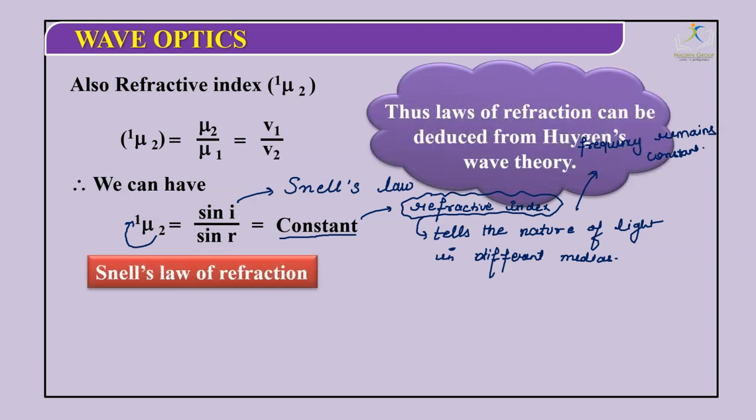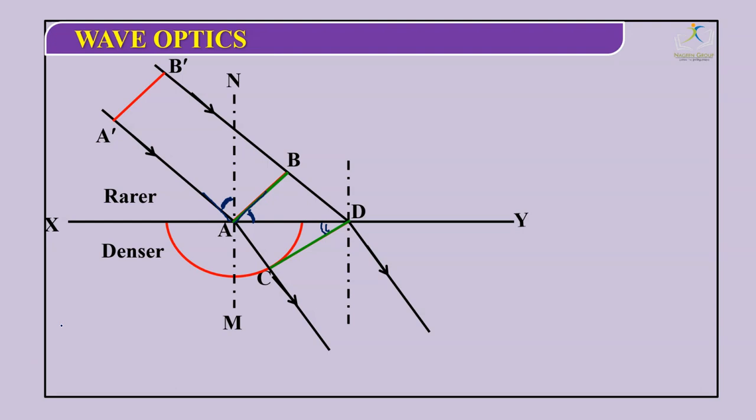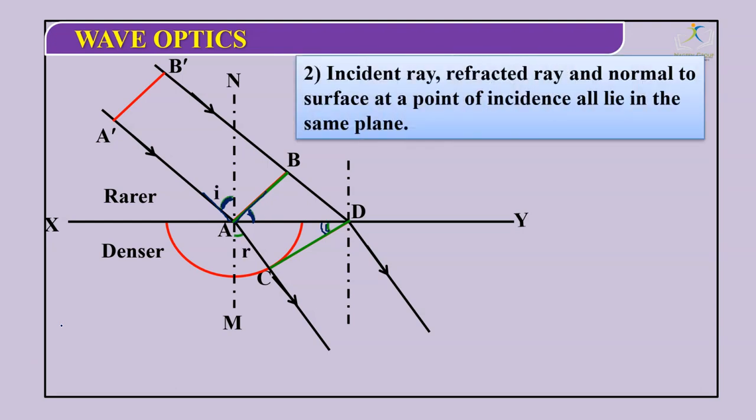Now, for Snell's law, we have to know that this law of refraction can be deduced from Huygens theory also. As we know, Huygens theory gives some predictive results. This is angle I, this is angle R, and the first rule is that sin I by sin R is equal to a constant, which is called the refractive index.